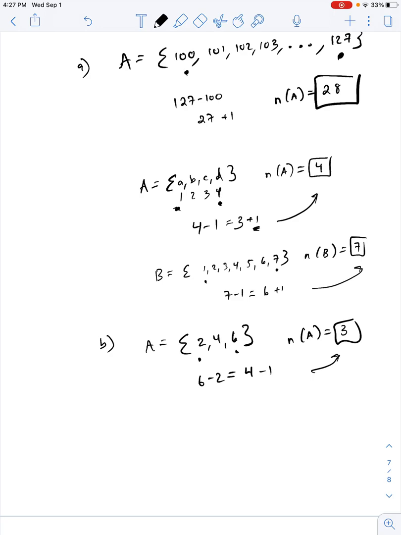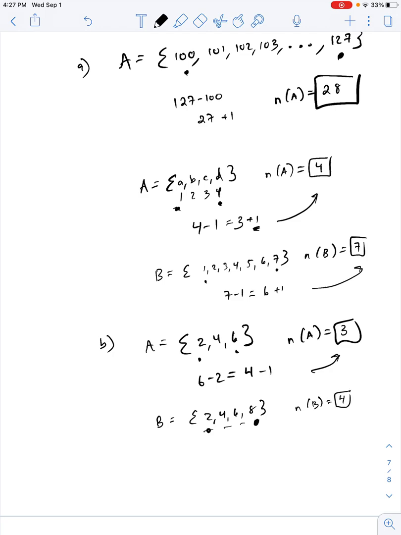Because our whole goal is to see if we can find a way to always make this work. 2, 4, 6, 8. What's this cardinal number? Well, how many elements do we have in there? 1, 2, 3, 4. We have 4 of them in there, right?